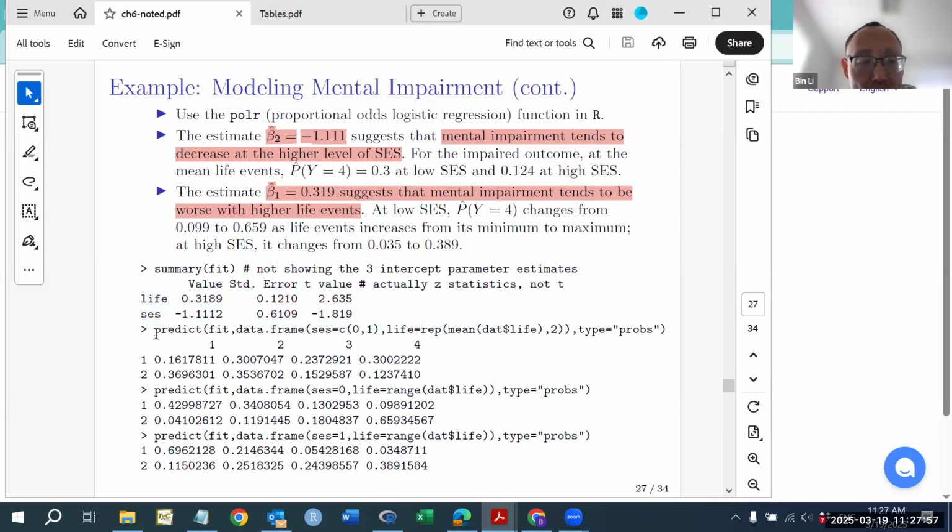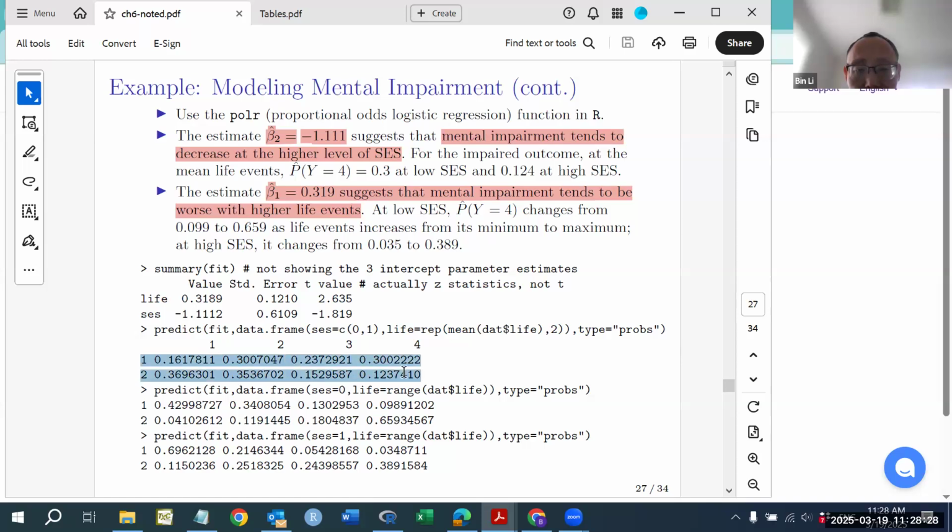Okay, so we can also do the prediction for the probabilities. You can see the first one, I do the prediction at SES is 0 and 1, with the life event index at the mean, the average. But SES is low and high.